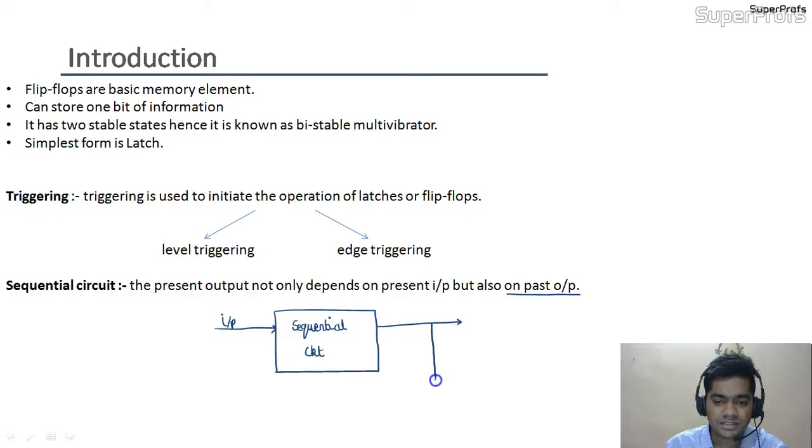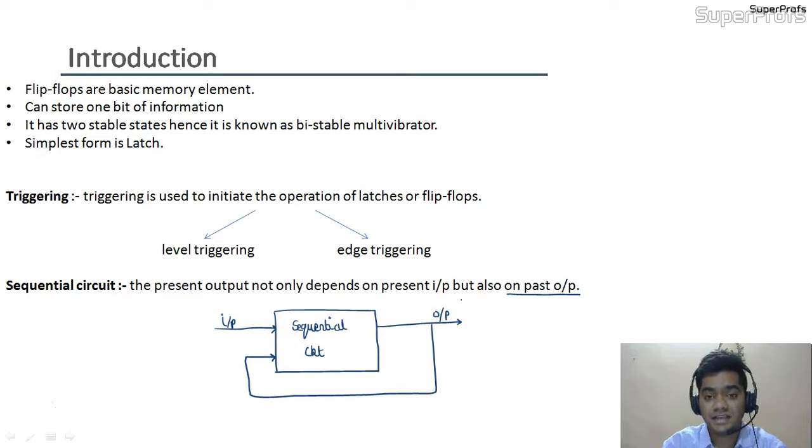And suppose this is again fed back to this circuit, and depending on these two parameters, the next output would be available. It means that if there is feedback available in the circuit, then we can say that the present output not only depends on the present input but also on past output. So this is the major difference between combinational circuits and sequential circuits.